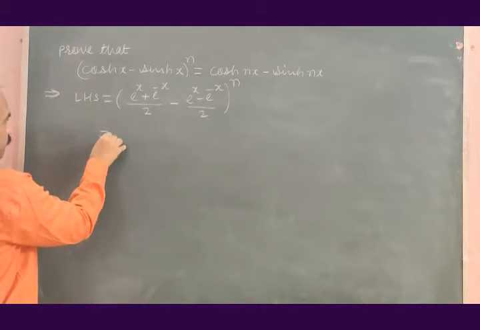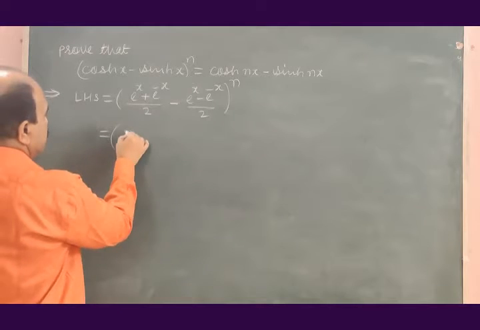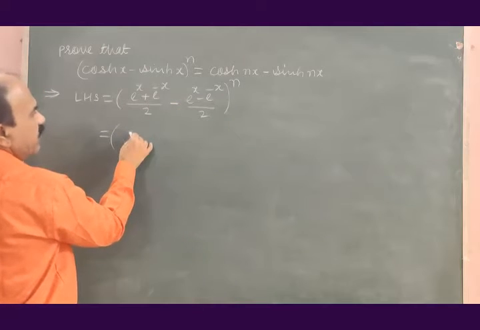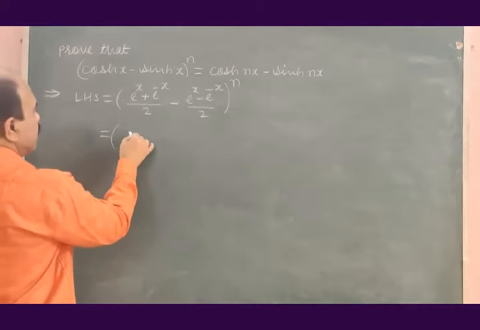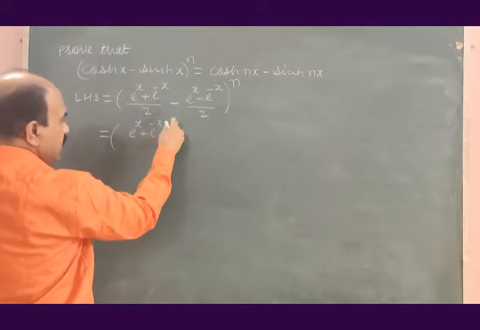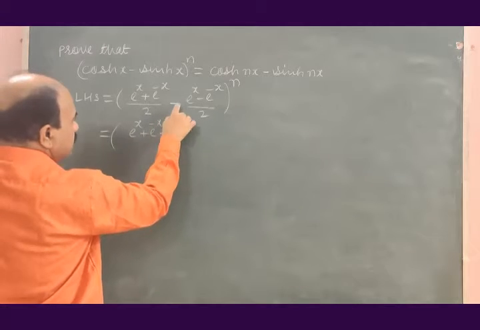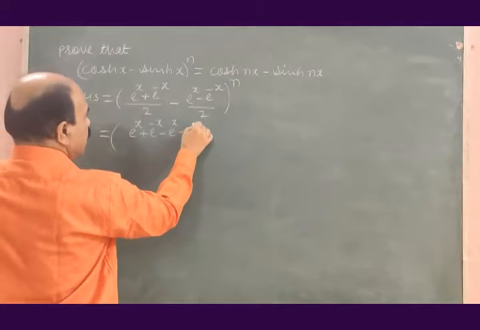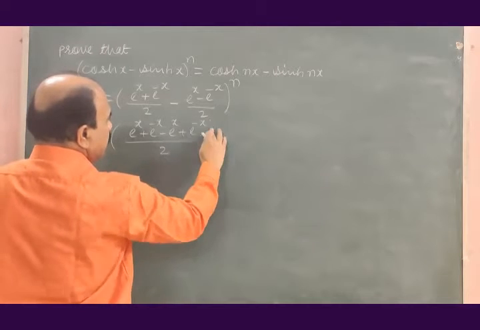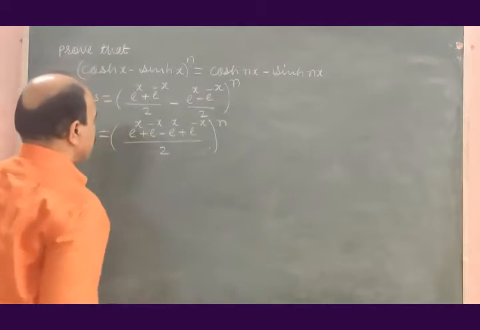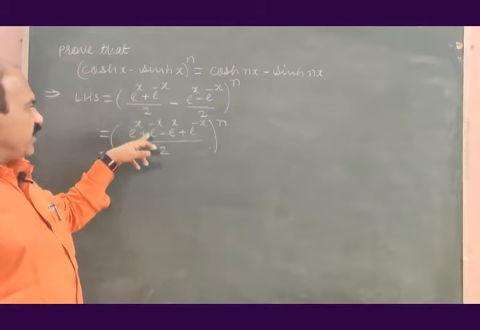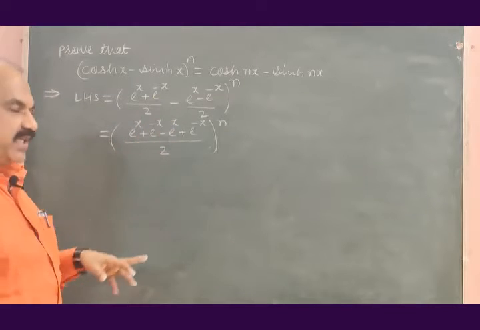This is further. Now simplify this. Denominator is same 2, so this can be added or subtracted as per their signs, and I can put here e to the power x plus e to the power minus x minus e to the power x plus e to the power minus x, whole divided by 2, and the bracket to the power n. Now if you look into the bracket, you find that this is e to the power x, this is minus of e to the power x.